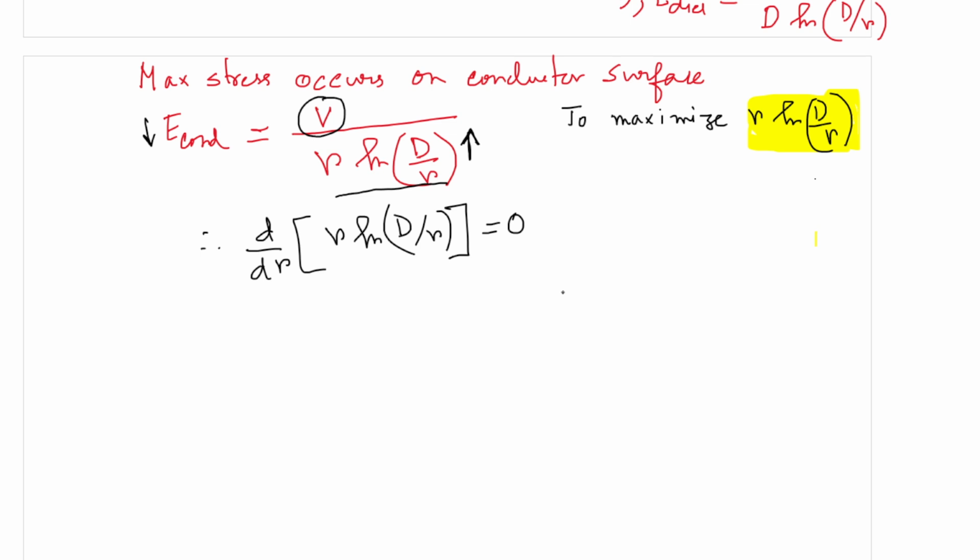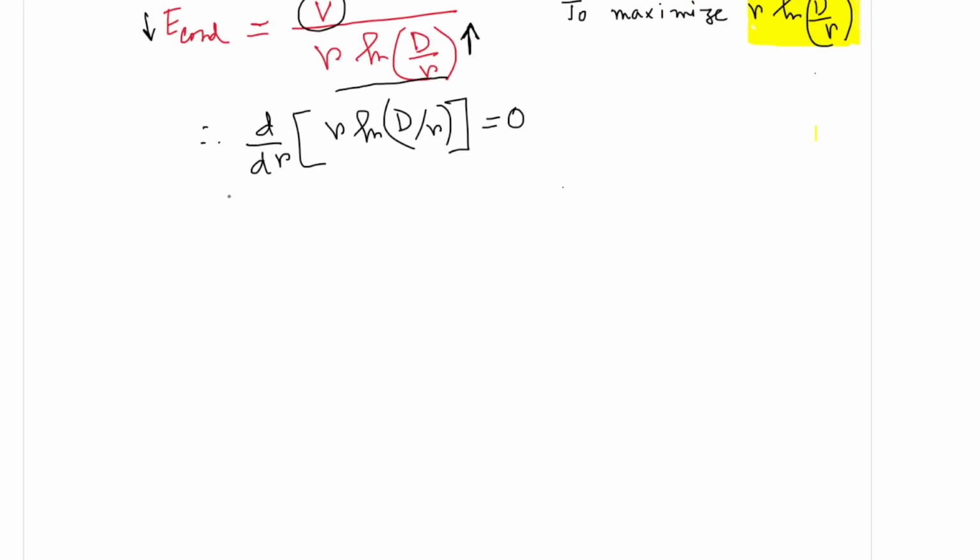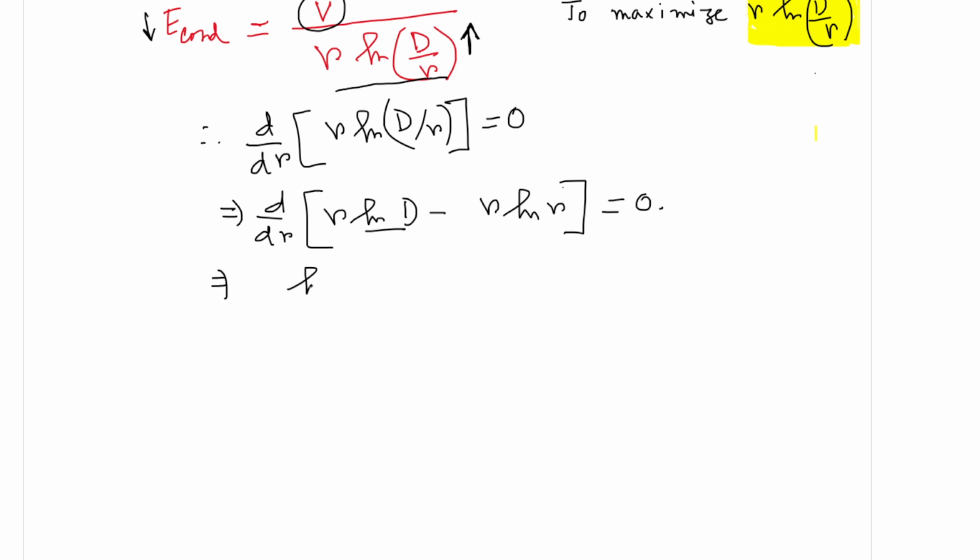From this result, we have d/dr of r ln D minus r ln r, which is equal to 0. Now if you take the derivative of the first term, it becomes only ln D, then minus. Now taking the derivative of r ln r, we get ln r, and next we have r into 1 by r, and that should be equal to 0.